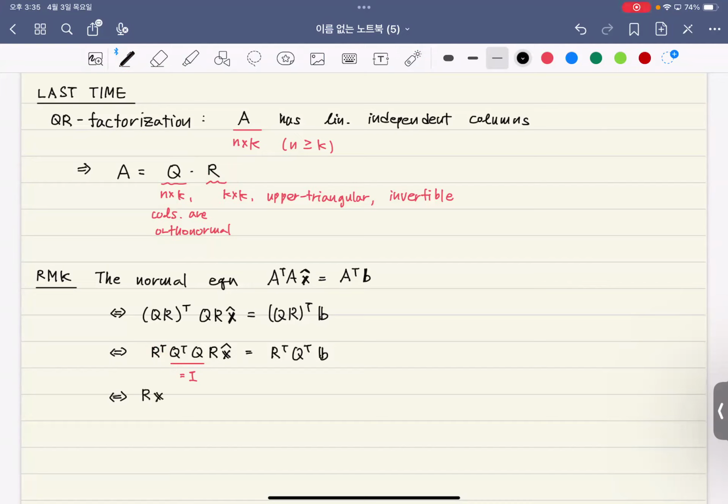Therefore, you have R x hat equals Q transpose b. So this is your new normal equation, provided that you have a QR factorization of the matrix A.